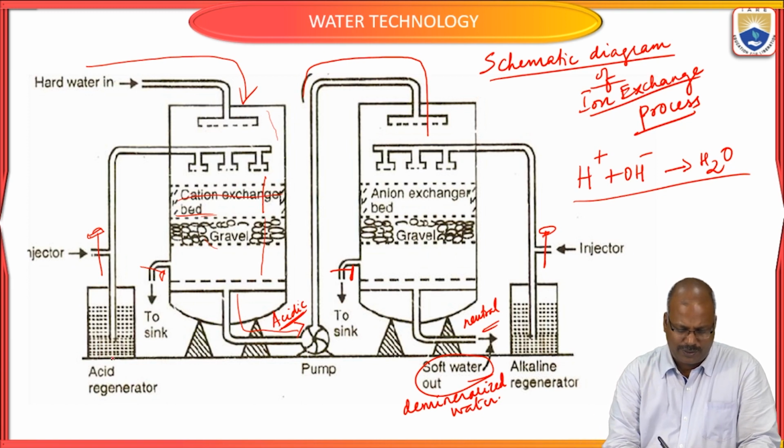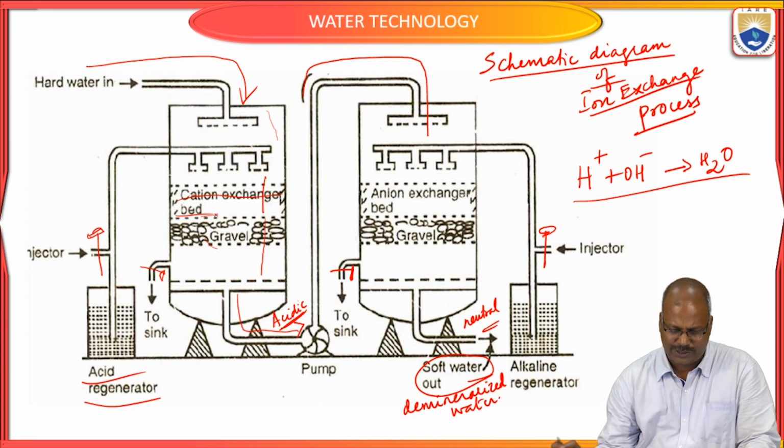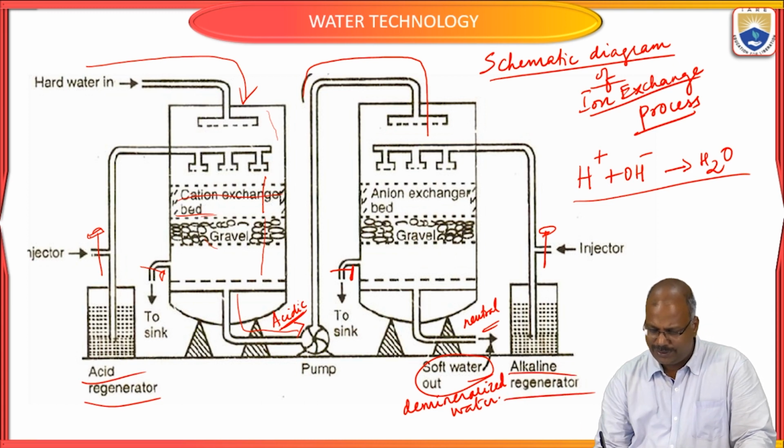Normally we regenerate the cationic exchanger with acid and the anionic with alkaline.